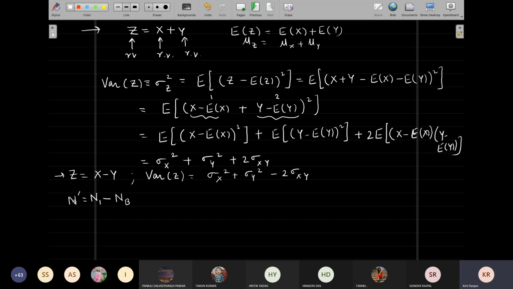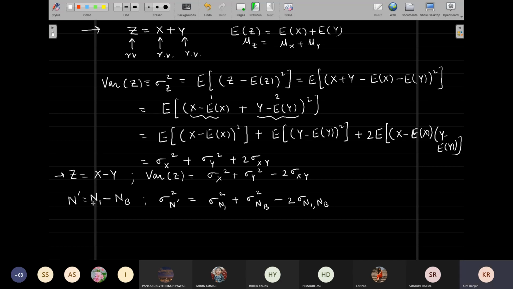So I build n prime from that. If I am asked to use this expression, sigma square n prime, then what should be the result? The error in sigma square n prime. So you got the error in n1 and you get the error in nb. So how do you write it? Sigma square n1, that is my first random variable, plus sigma square nb, that is my second random variable. And then there should have been sigma n1 nb.